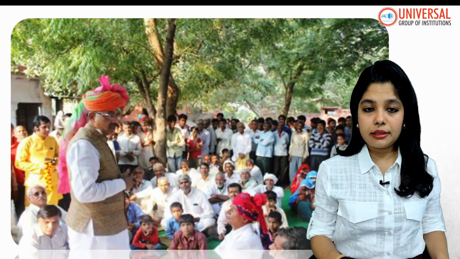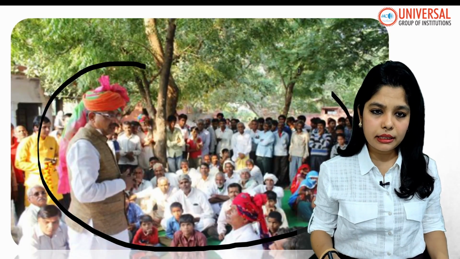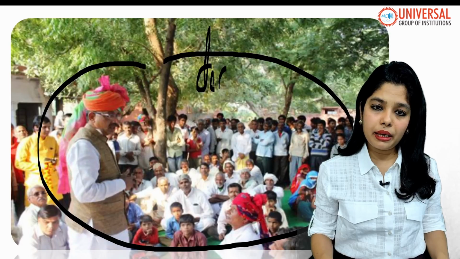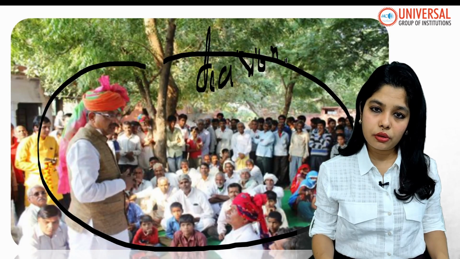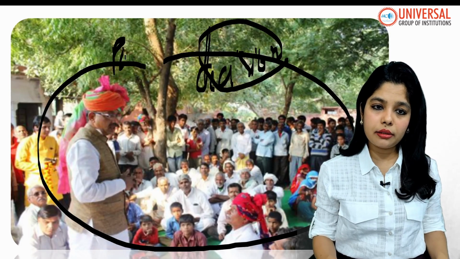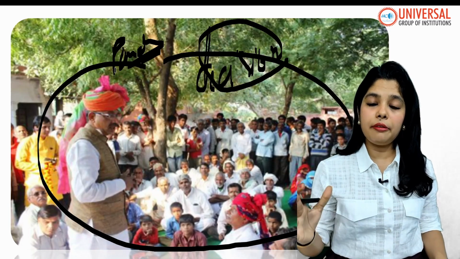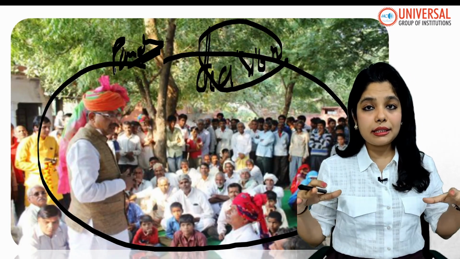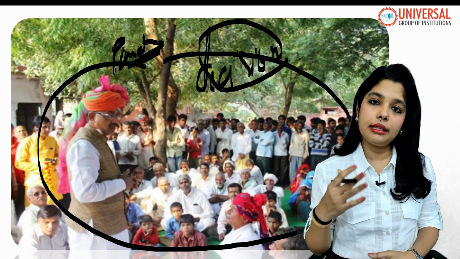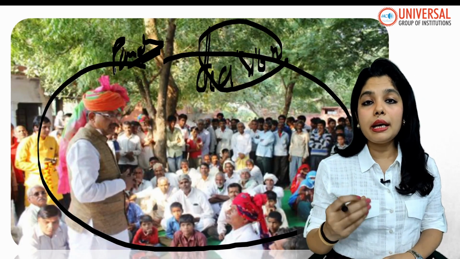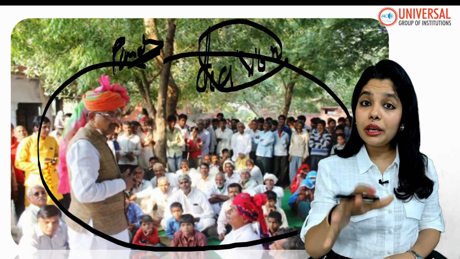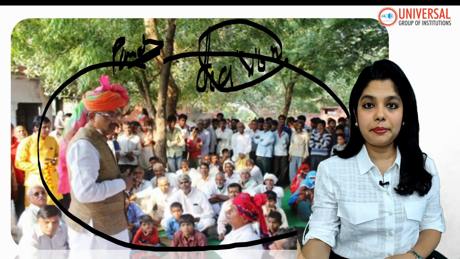Now you see this is a Gram Sabha, where people sit together and make decisions. You have your Panchayat and Sarpanch, and with them the Gram Sabha, where people sit together with the Sarpanch and take decisions on important topics related to their village.